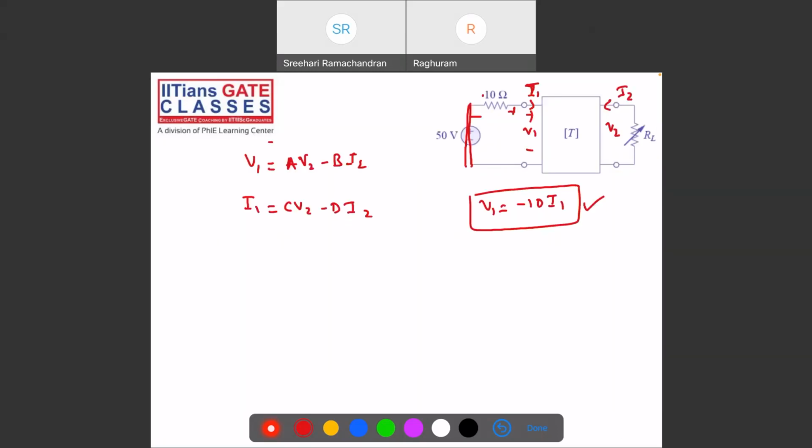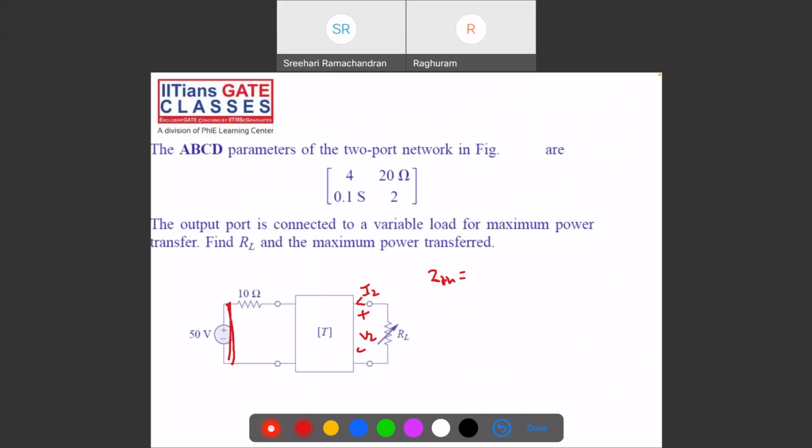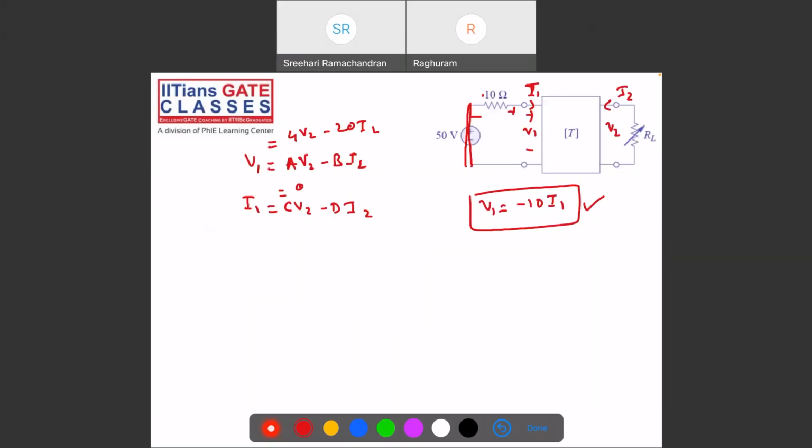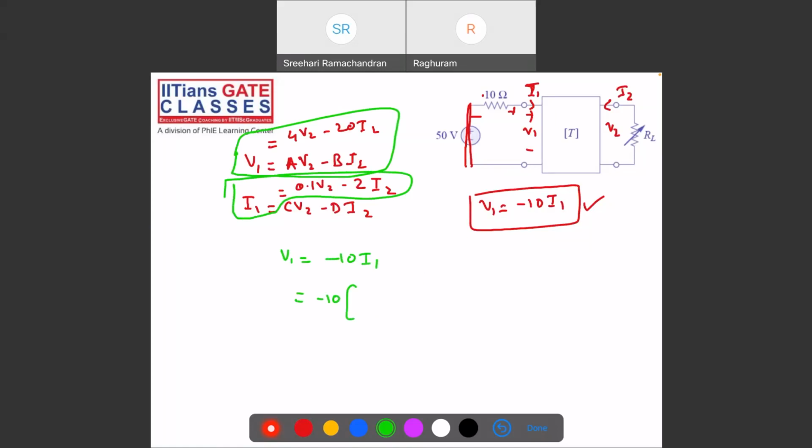So this is 4 V2 minus 20 I2, and this is 0.1 V2 minus 2 I2. Now I have to convert the entire equation in terms of V2 and I2. This is one equation and this is another equation. So V1 is equal to minus 10 I1, so minus 10 into I1 is 0.1 V2 minus 2 I2.